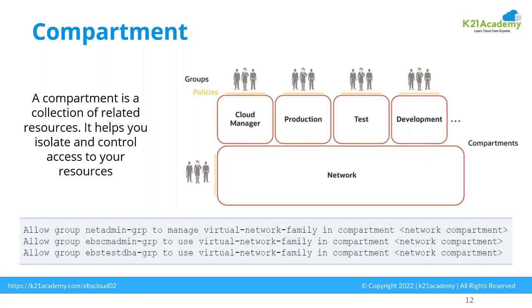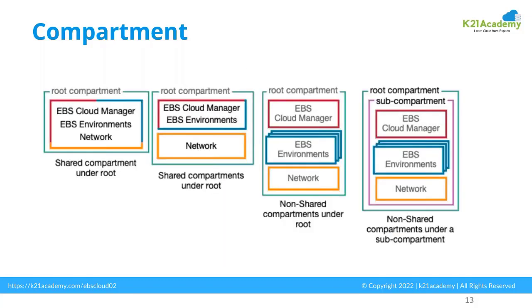These are the policies at the end, where you are allowing the network admin group, the EBS CM admin group, or the Oracle application users who maintain the instances, and I'm going to give them the access. So this is basically how the compartment design works.